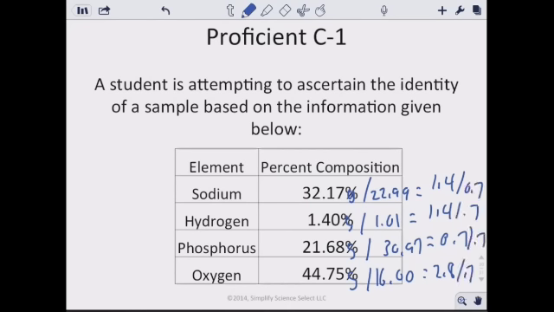And we see we get 2 for sodium, 2 for hydrogen, 1 for phosphorus, and 4 for oxygen. And so our formula is sodium, Na, 2 of them, hydrogen, 2 of them, phosphorus, 1 of them, and oxygen, 4 of them. And we would have this for our equation.